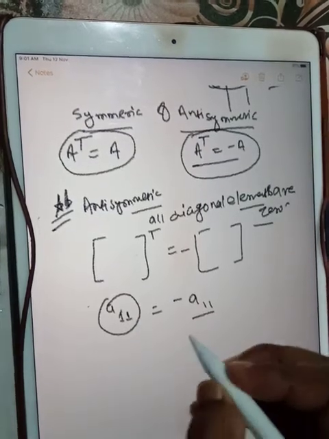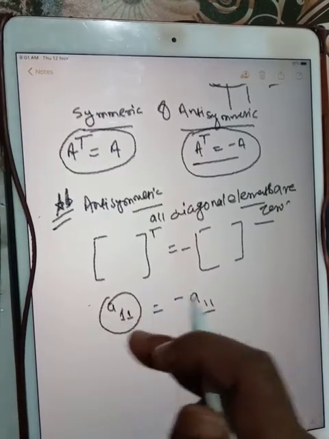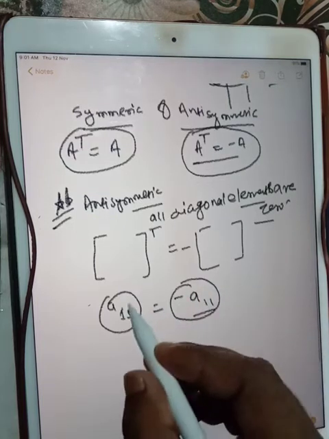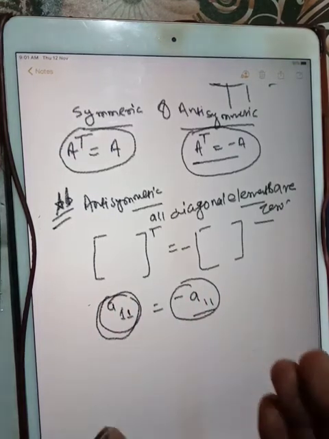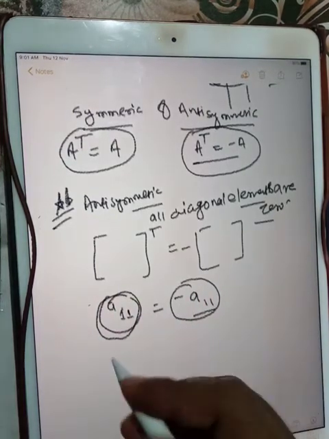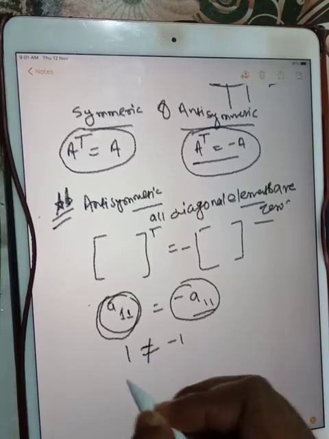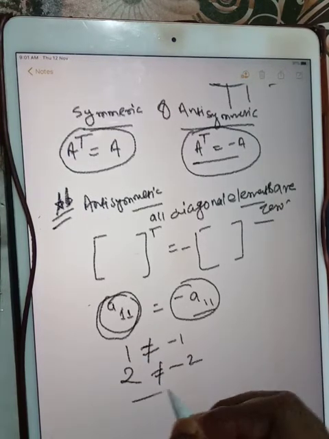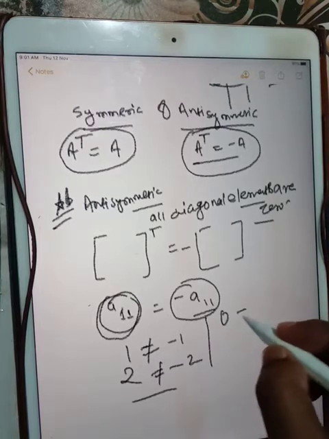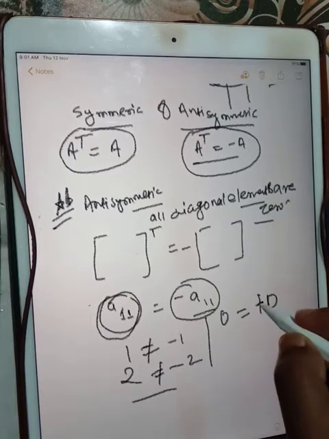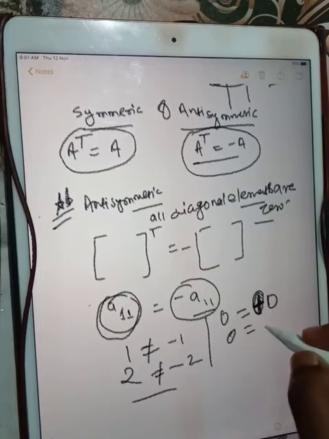So any number which is equal to its negative must be 0, because 1 is not equal to minus 1, 2 is not equal to minus 2. Only 0 equals minus 0, because plus or minus is not applicable for 0, because 0 has no value.